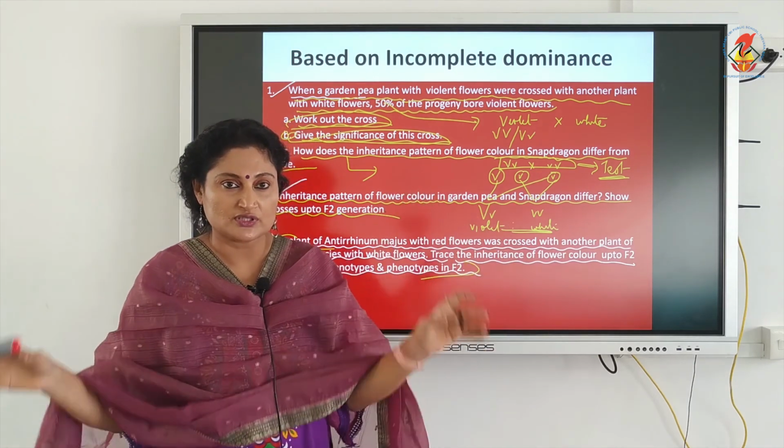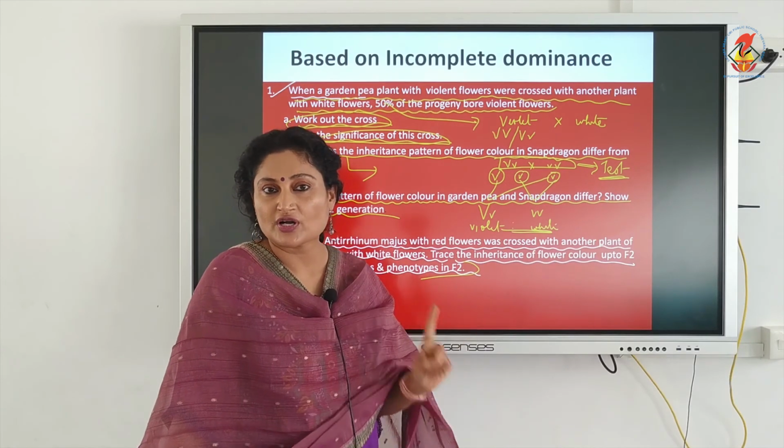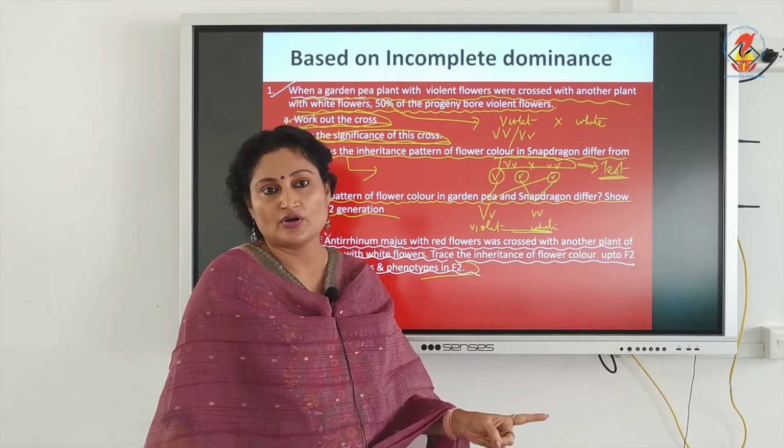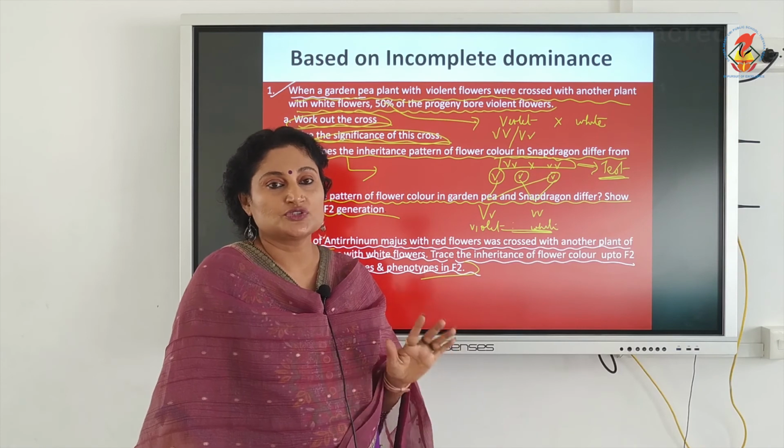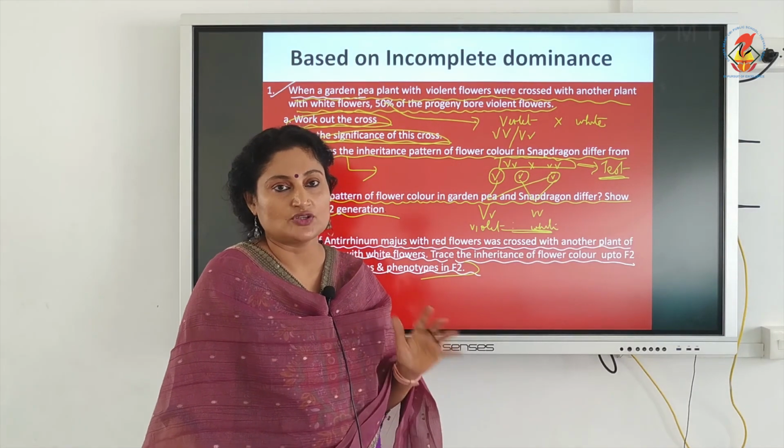So you work out the cross completely and arrive at the ratio 3:1 for complete dominance or Mendel's law, and 1:2:1 for Snapdragon, which indicates incomplete dominance.